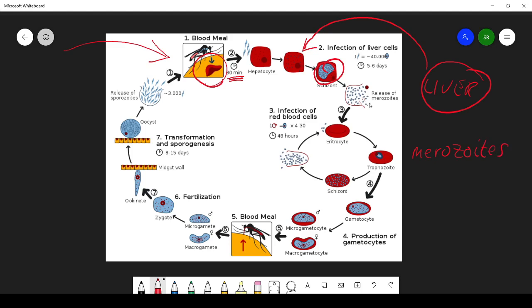These eventually rupture the liver cell and are released into the bloodstream and then are taken up into red blood cells, erythrocytes. And because they're hidden in the red blood cells, they're kind of safe out of the way from a lot of drugs. When they're in the red blood cells, they hijack the red blood cell.